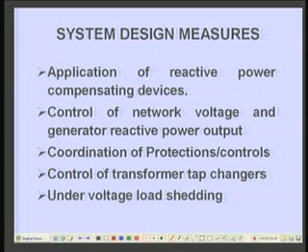It is a situation where the system has less reactive power supply capability, it cannot supply the required amount of reactive power and the voltage collapse takes place. Therefore, obviously, the first design measure should be to apply adequate reactive power compensating devices. We should have various sources of reactive power, and these reactive power sources should be applied very judiciously.